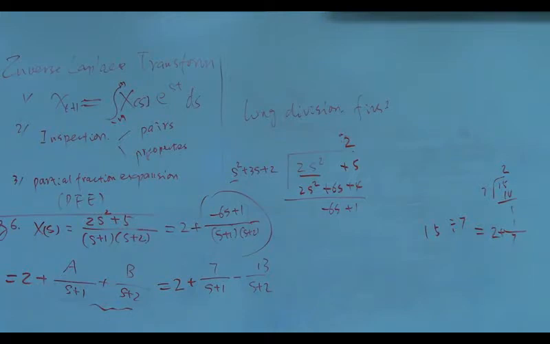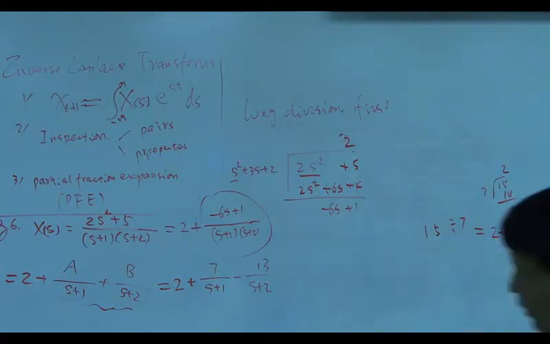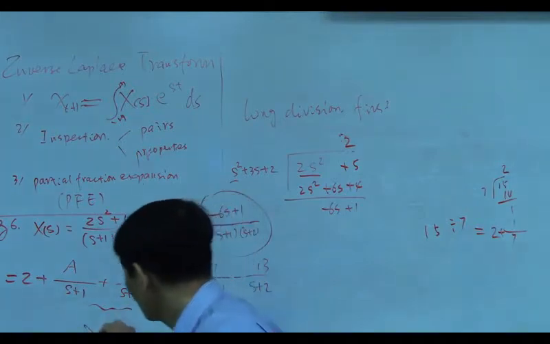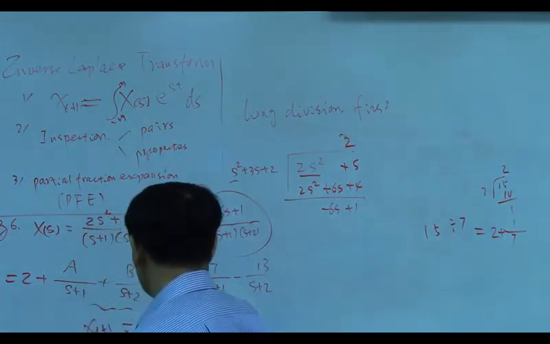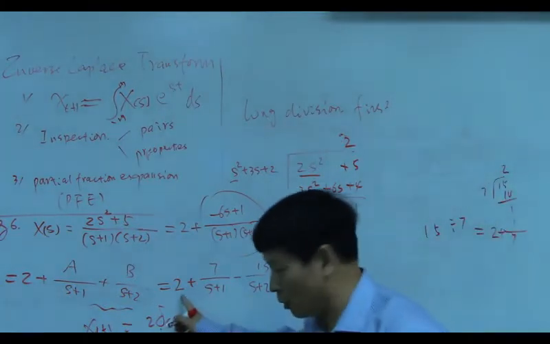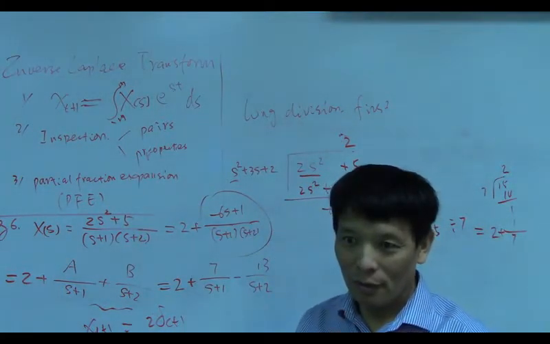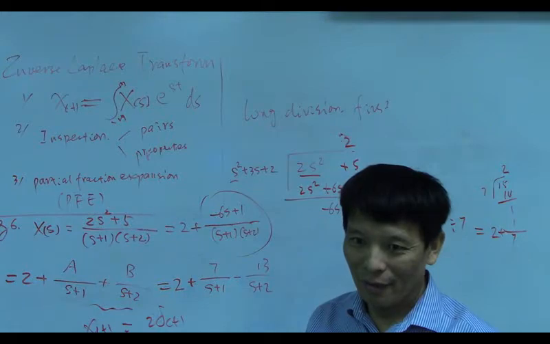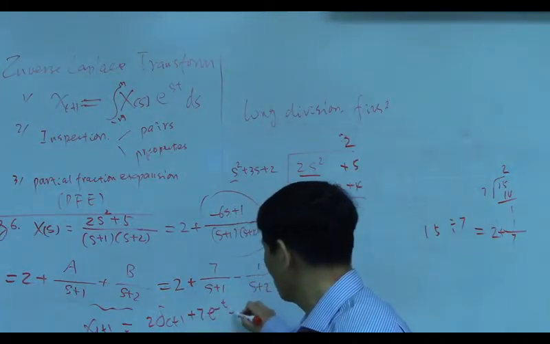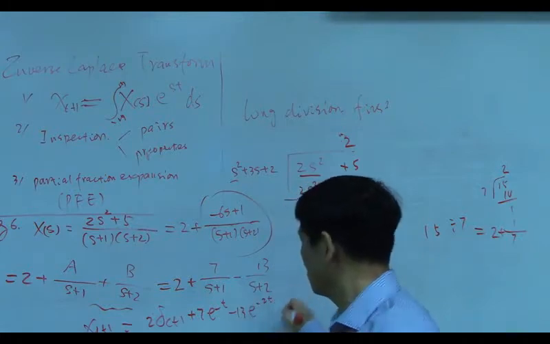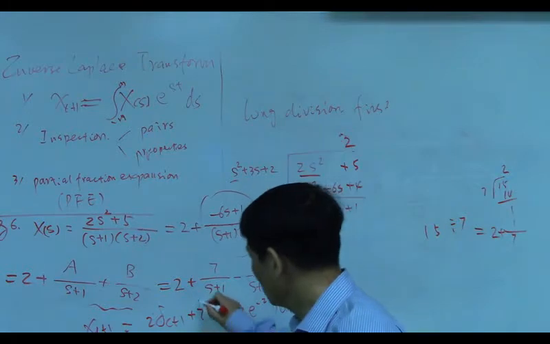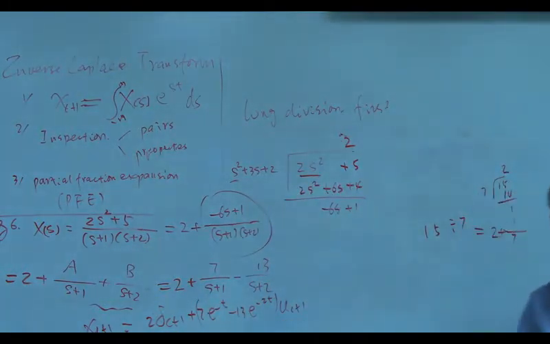Recall the pairs. The inverse of 1 is the impulse. So this one gives us 2 impulse. The next part is just 7 e to the negative t minus 13 e to the negative 2t. And you multiply by u(t) here, or here, doesn't matter.